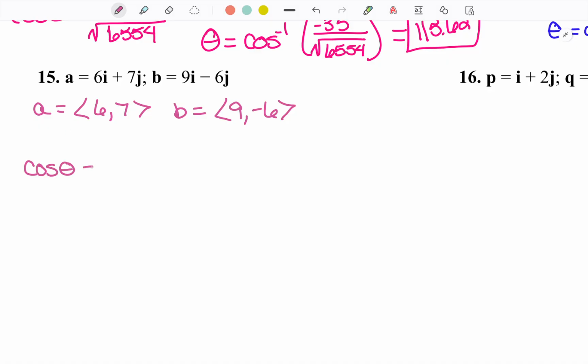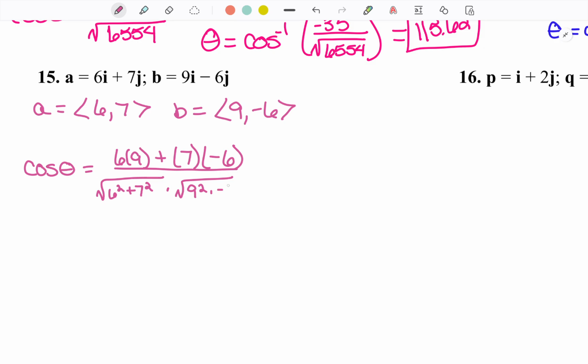So we'll have cosine theta equals, and we will have 6 times 9 plus 7 times negative 6. And then we will have our magnitudes. So the square root of 6 squared plus 7 squared times the square root of 9 squared plus negative 6 squared. And so that dot product gets us to 12.